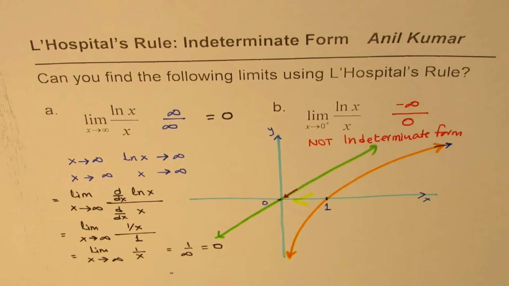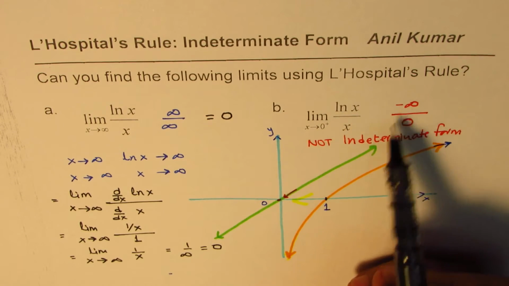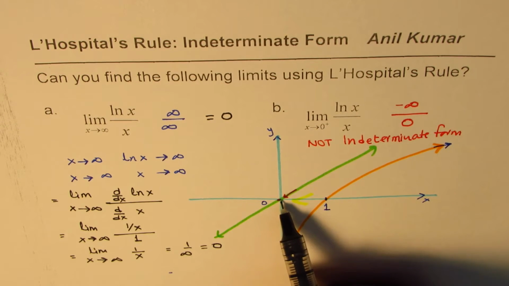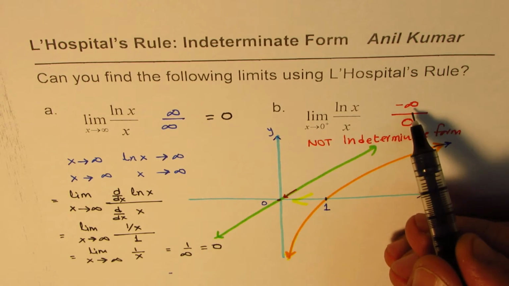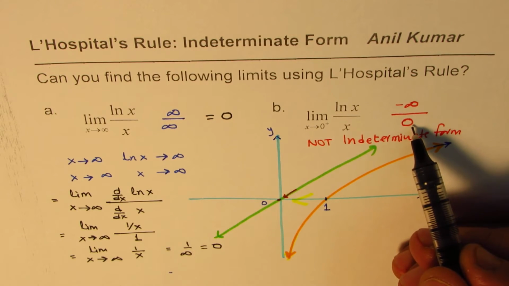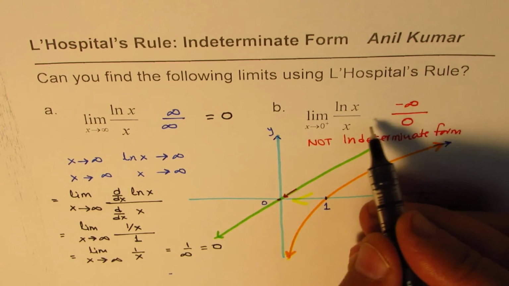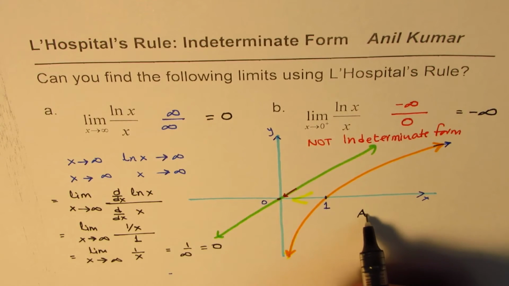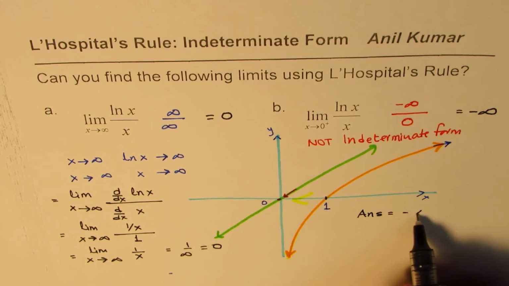Well, the answer is actually clear if you see from the figure. ln x is approaching negative infinity, and the denominator is approaching 0, a very, very small number. So when you divide by this, I mean, you cannot divide by 0, but by a very small number, the result is going to be negative infinity. So the answer here is negative infinity.